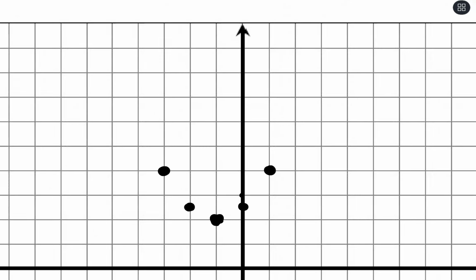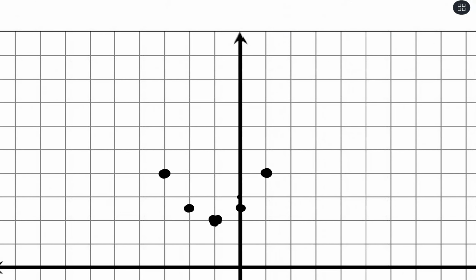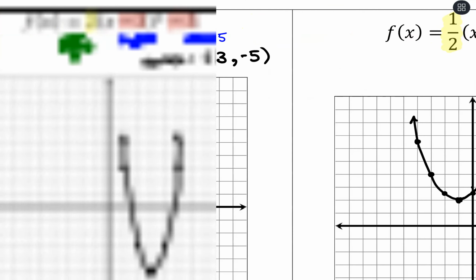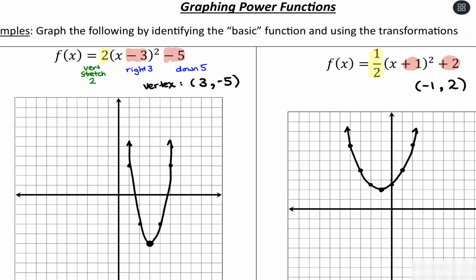And where we would usually go up to 9, let's go ahead and graph this, we'd be going to 4.5. And with that, we can connect the dots for a nice parabola. So you can see how it gets wider if we have a vertical compression, and then it becomes more narrow as we have a vertical stretch.